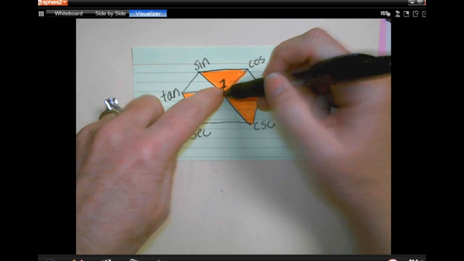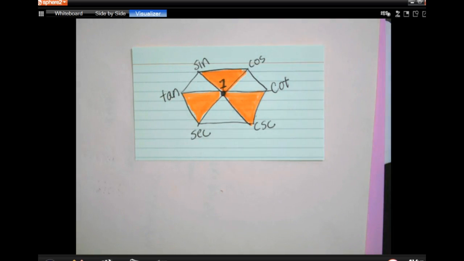Cotangent times tangent is 1. Right, opposites. Okay? It took me a minute to actually think it through. So coming in, multiplying is 1.